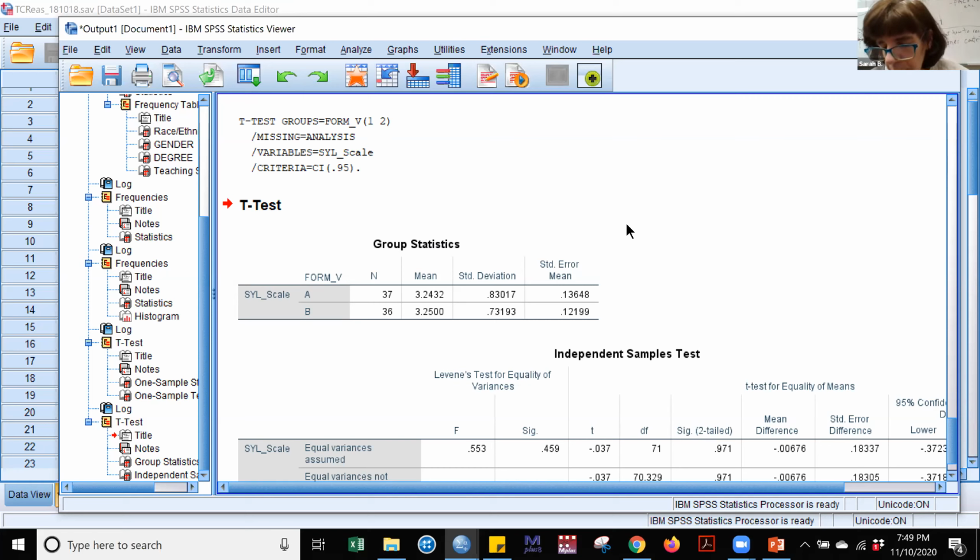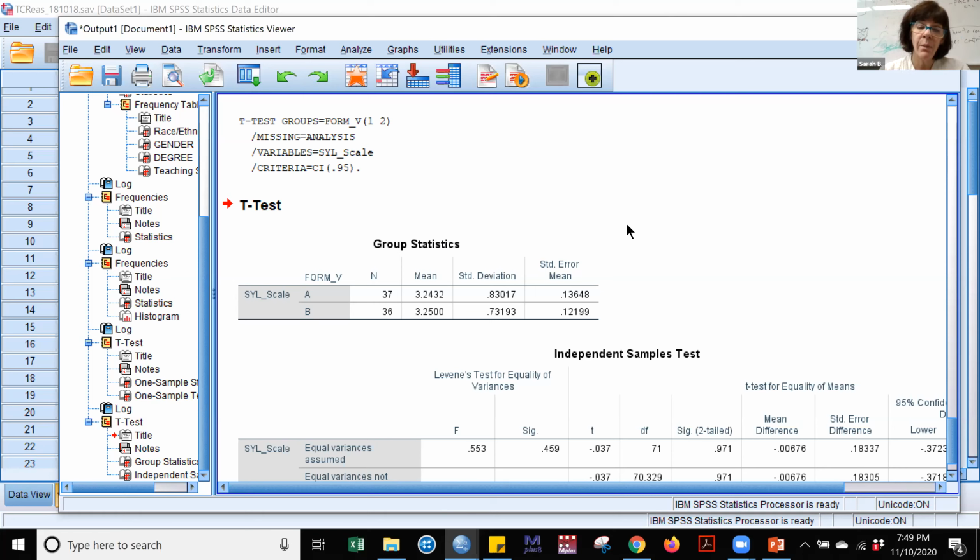For my independent samples test of means, I was testing the motivational form versus the non-motivational form on reasoning. And there was one person in the sample who didn't respond to the syllogism scale on reasoning. There was one person who didn't respond. And then really what you would do, you would report at that point your mean and standard deviation for each group.